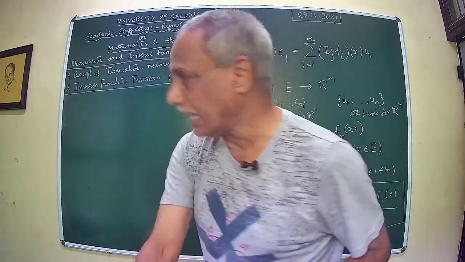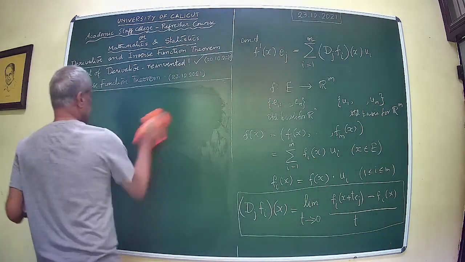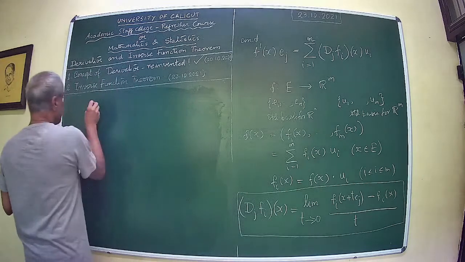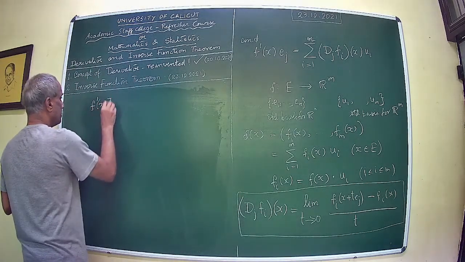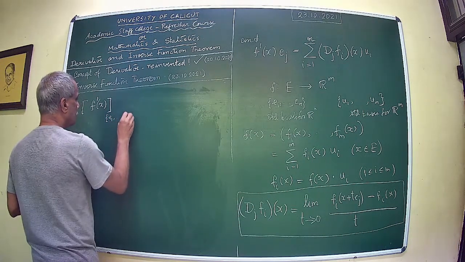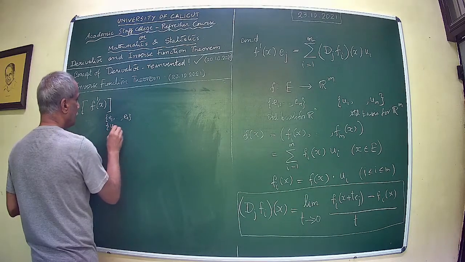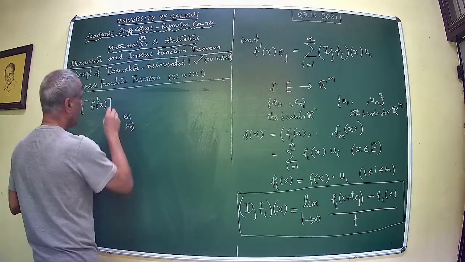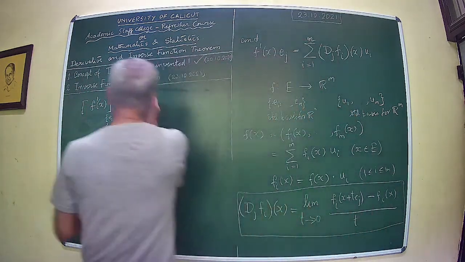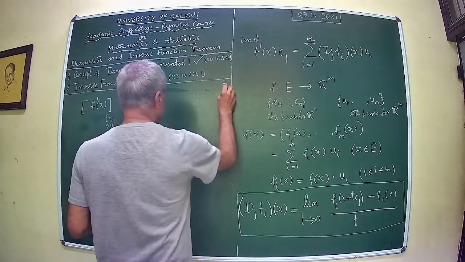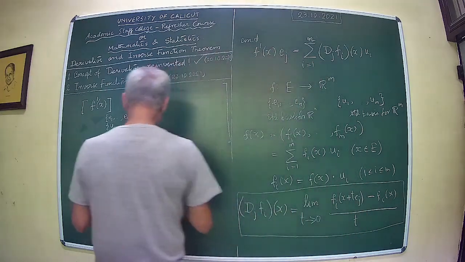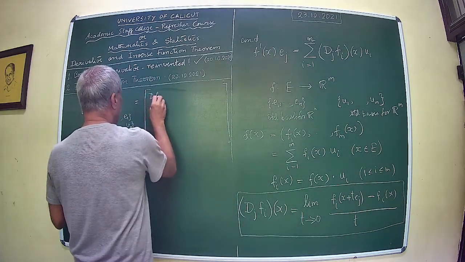So let me write down the matrix representation of f derivative, written with respect to the two standard bases. This is given by the m by n matrix with entries d_1 f_1 and so on.